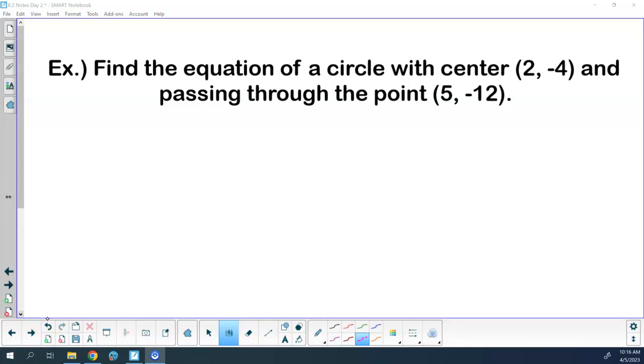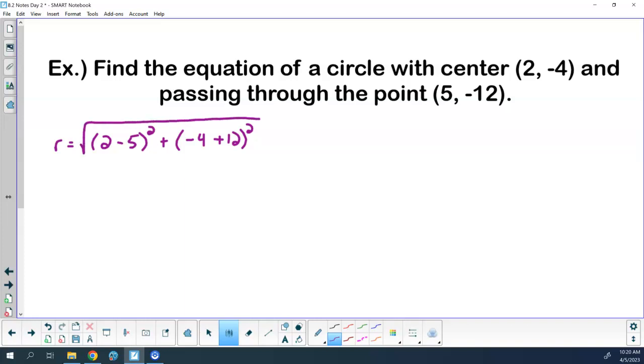Try that one. Same concept, just change where the center was. We're going to have 2 minus 5 quantity squared plus negative 4 minus negative 12 squared.